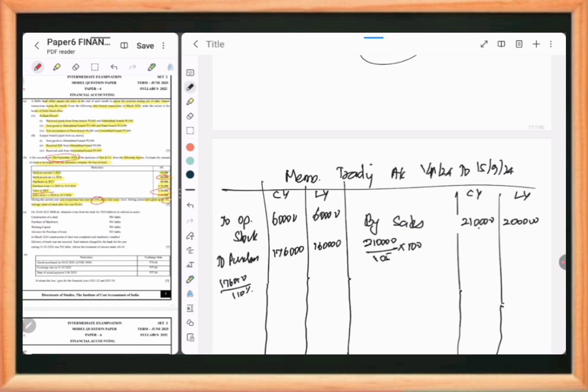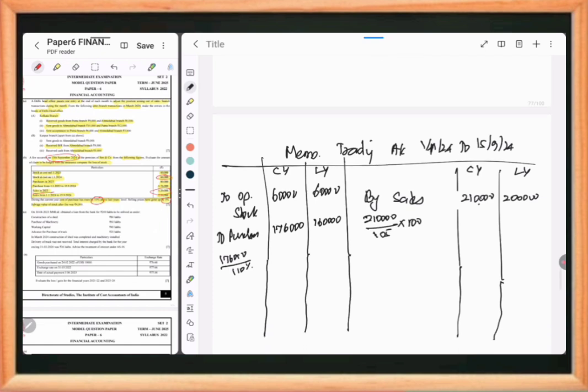Next, what will be the closing stock? Is there anything given for the closing stock? So you balance the last year column first. The GP is 50%, so out of 2 lakhs, 50% is 1 lakh.